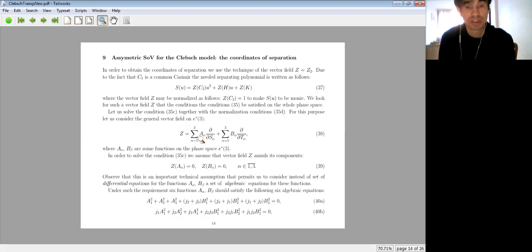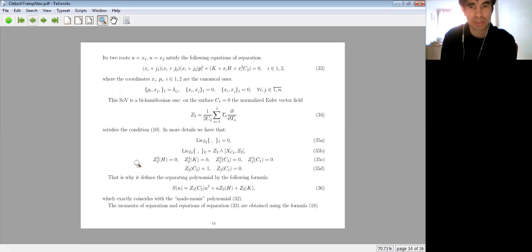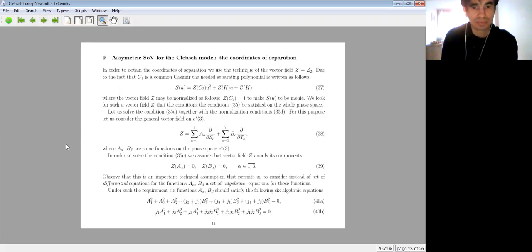This vector field has components, arbitrary functions in general, which should satisfy some conditions in order for the vector field Z to satisfy condition 35. So how to find these components?